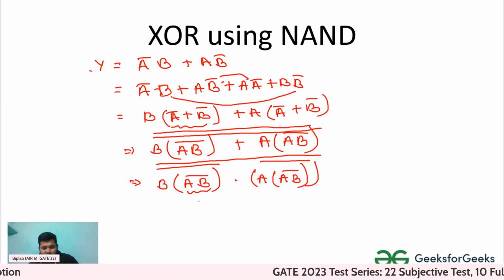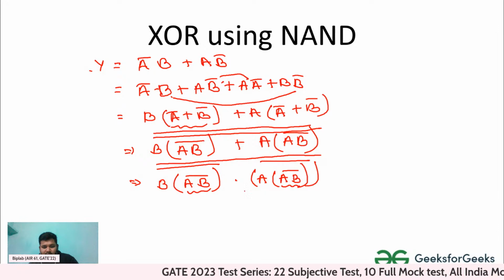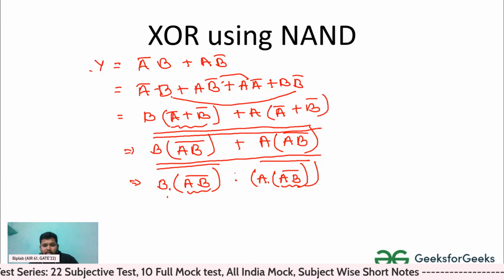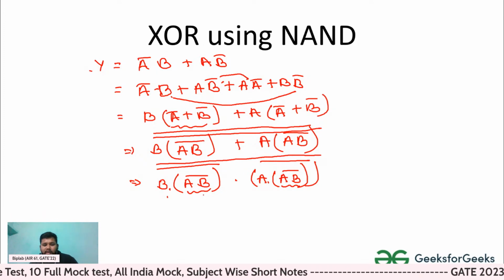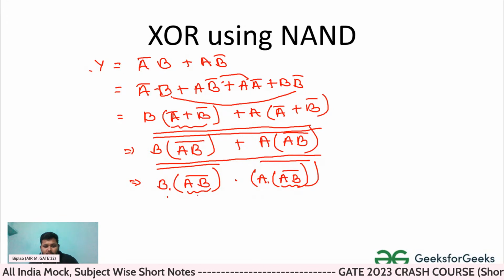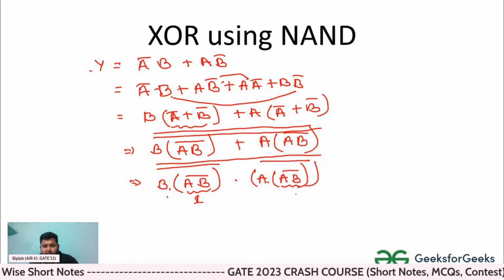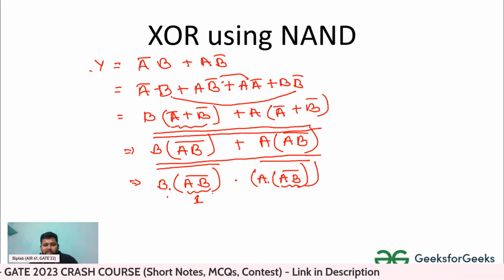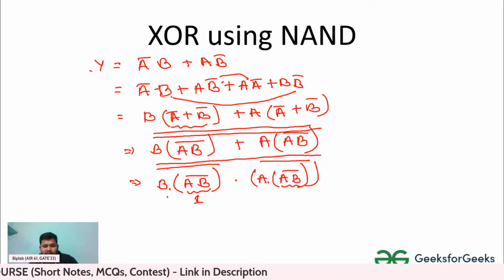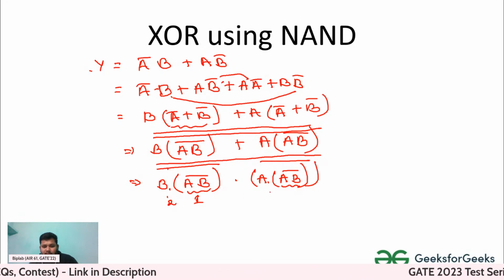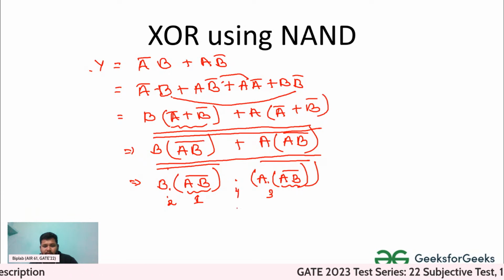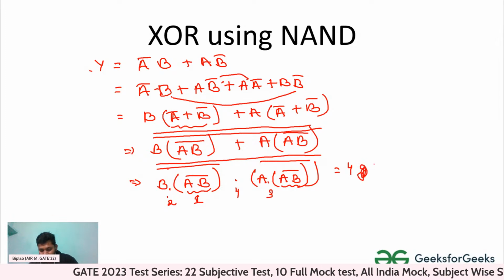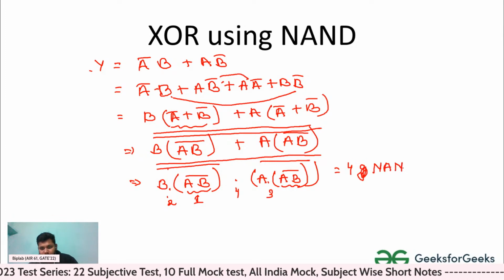This is one NAND gate you are using, and the result is sent to another NAND gate, and those two results are again sent to another NAND gate. So how many NAND gates are you using? One is here. You don't need to apply a NAND gate again here, because the result can be reused; these are the same expressions. Then there is another one, 2. Here is another one, 3, and here is another one, that is 4. So you need 4 NAND gates.